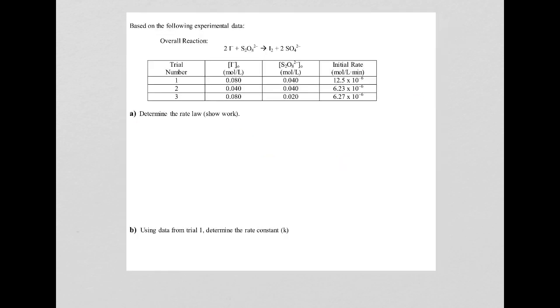Okay, last one. I give you a table. We've done an experiment. Every time you have an experiment, you're going to figure out the rate law, right? Now, one thing you should always remember is that when you're trying to figure out the rate law, rate is equal to K times the concentration of the reactants, which are I minus and S2O8 minus 2.